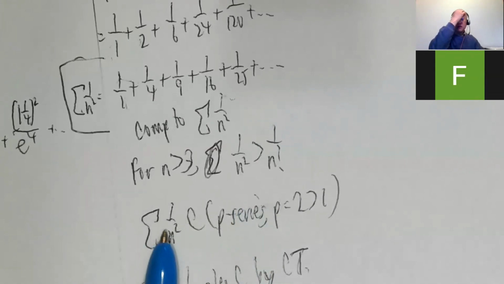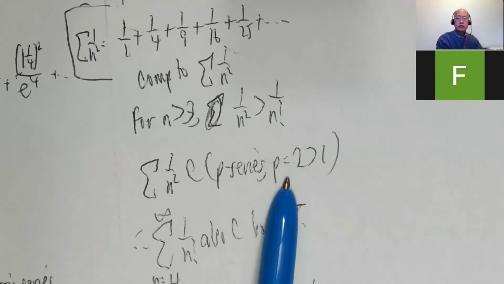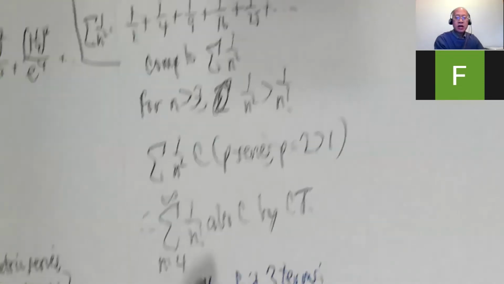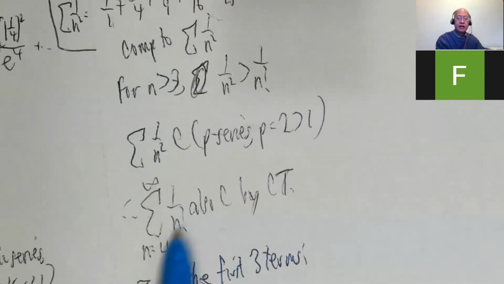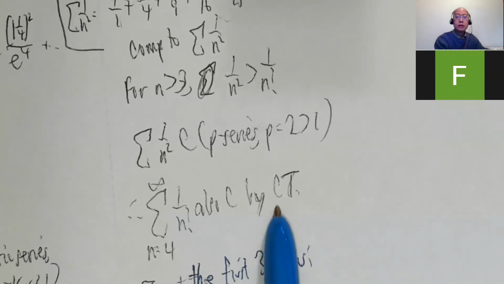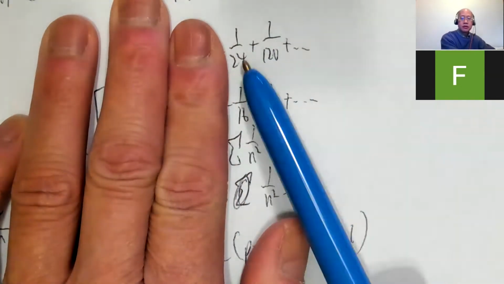And I already know summation of 1 over n squared converges because it's a p series where p is equal to 2, greater than 1. So that tells me summation n equals 4 to infinity of 1 over n factorial also converges by CT, comparison test. So I know that this converges.